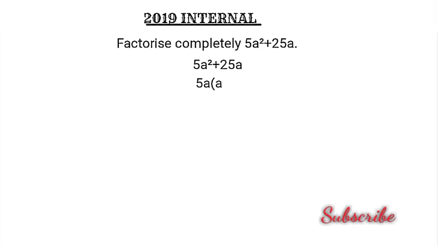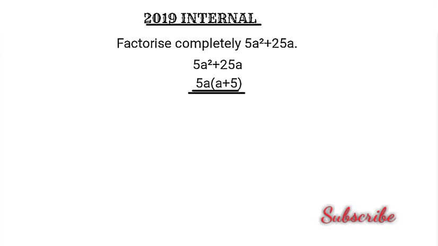Then how many times can 5a go into 25? It will go 5 times. So I'm going to say plus 5, and that is the last number. We close the bracket, and that was the correct answer for this question.